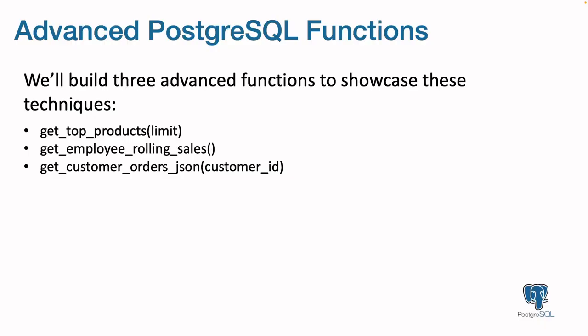Then we'll create getEmployeeRollingSales to show cumulative sales per employee over time. And finally, we'll create getCustomerOrdersJSON, which takes a customer ID parameter. The purpose of this will be to return all orders and their items for a customer as JSON.